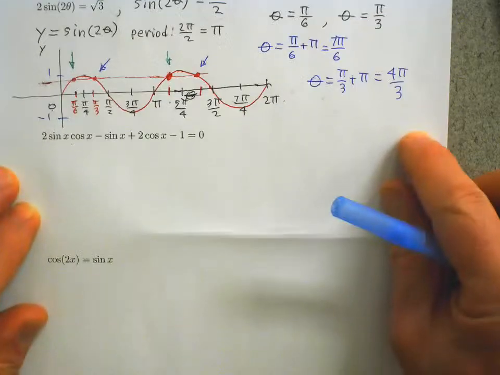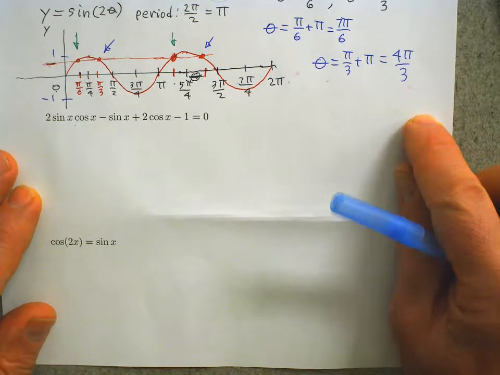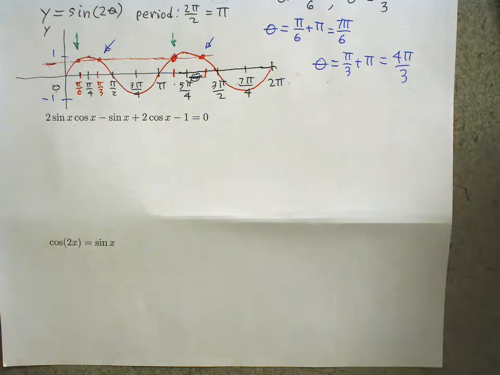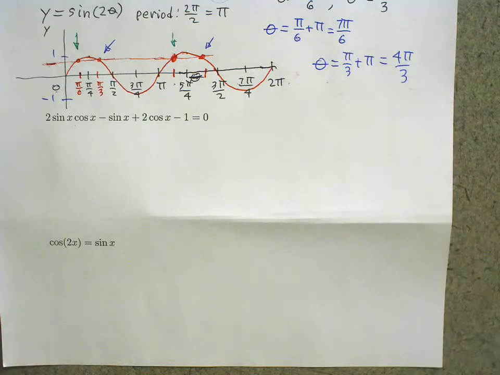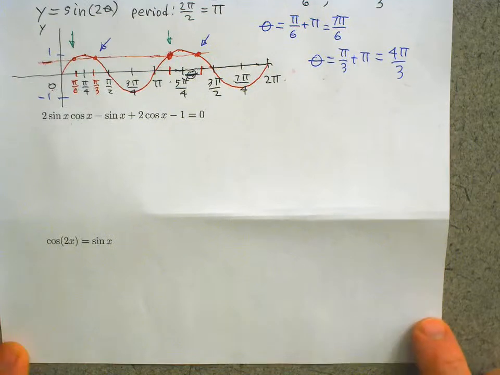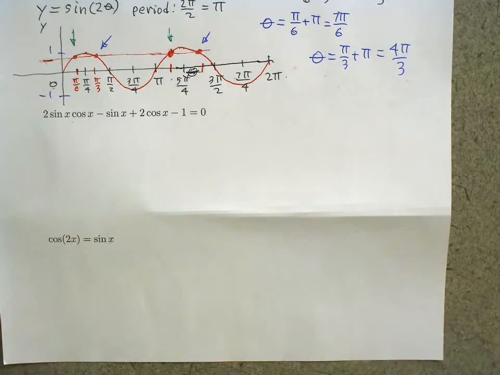Okay, the next example. So we're just going to encounter a number of trigonometric equations that we're going to attempt to solve for x, or whatever the domain variable is.